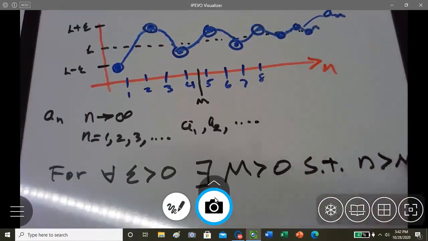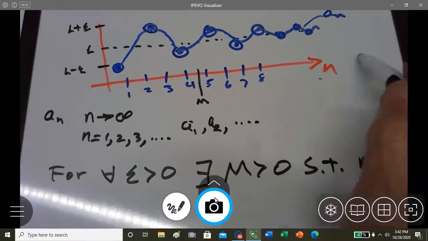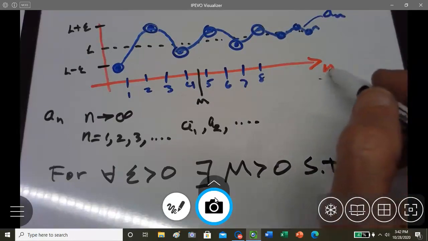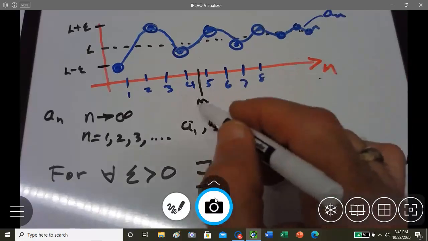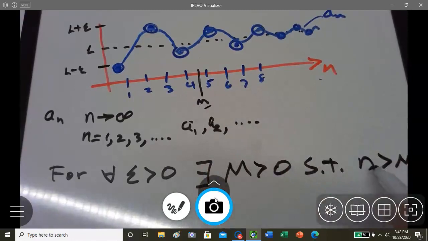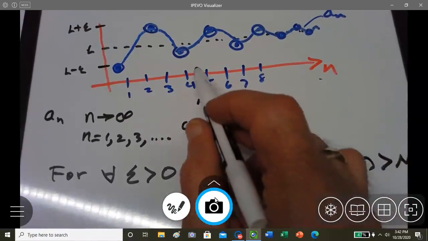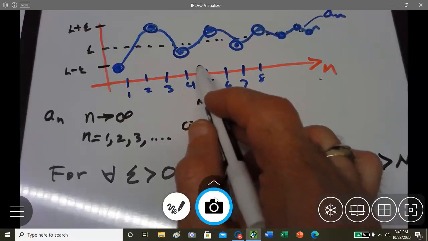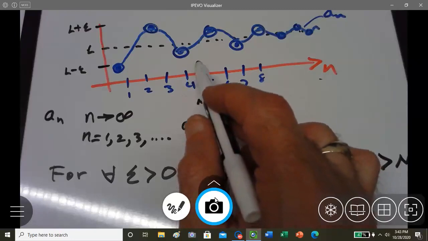Lowercase n continues. As lowercase n continues towards infinity, we're saying that this number is greater than this uppercase M. So we're setting a boundary, if you will.